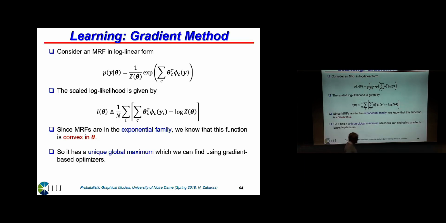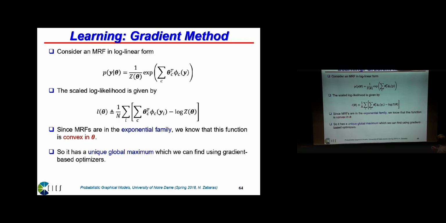To compute this partition function Z, you have to solve, as we will see, an inference problem. You have to link basically everything together. So this is not good, all right? So we need to find some way to handle this problem. Let's see what is going to lead.